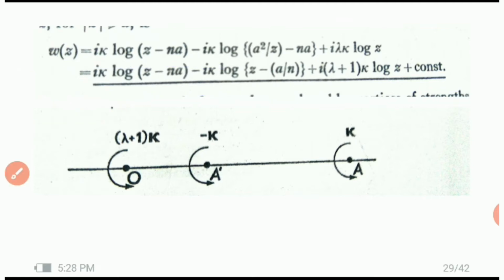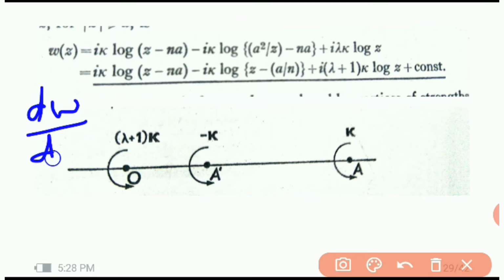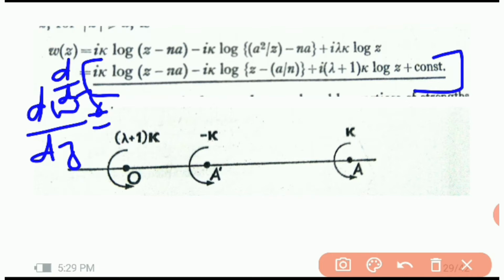Therefore we get dw/dz = d/dz of this, and therefore this is equal to, ik is common here.